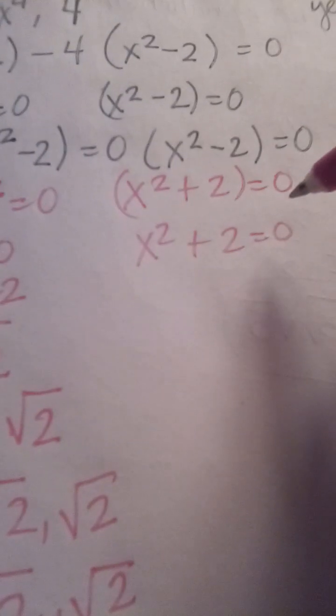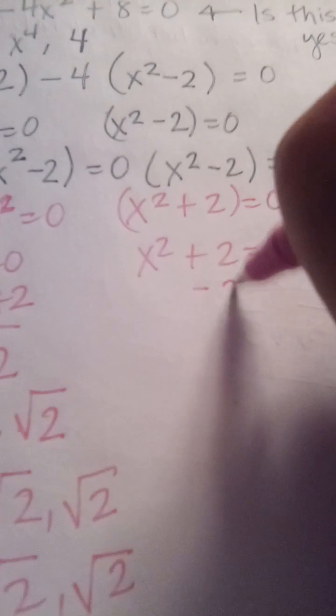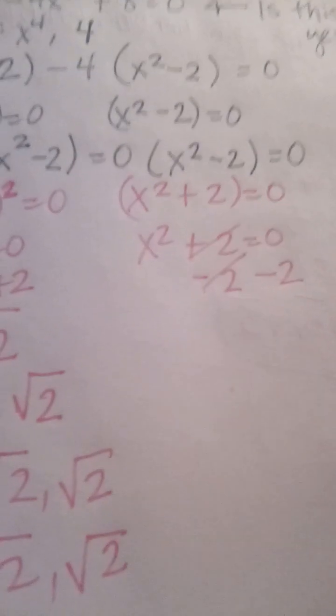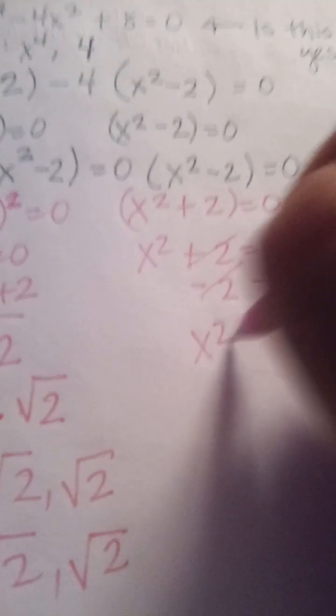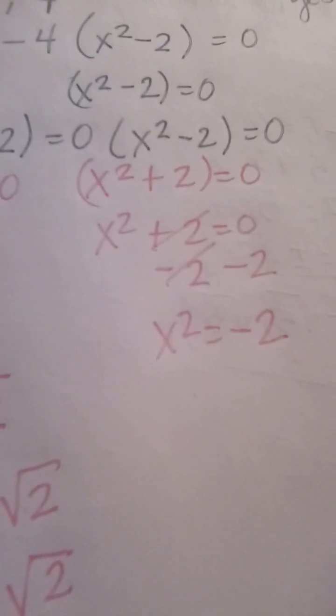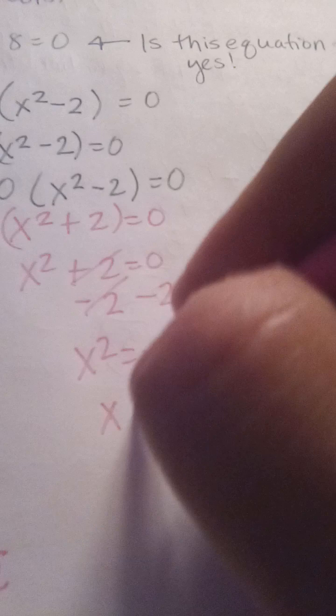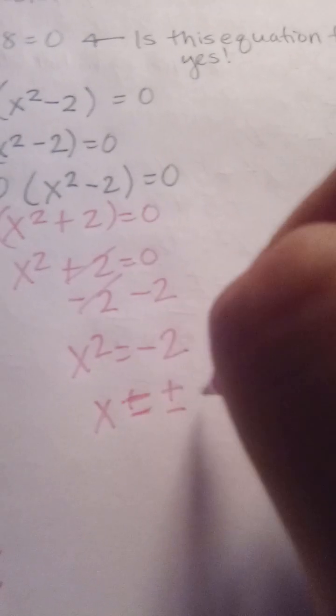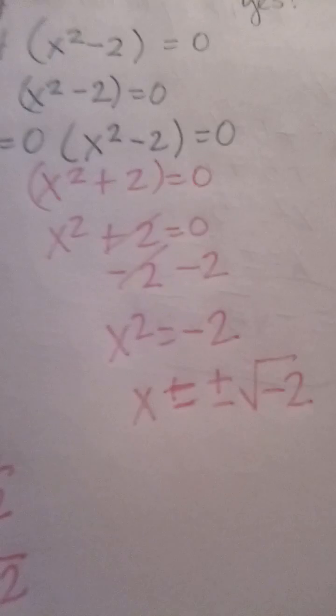All right. Let's go here. x squared plus 2. Then we subtract 2 from both sides of the equation. Actually, let me do these out. It looks better. x squared equals negative 2. But this is a different one. x equals plus or minus the square root of negative 2. Remember our imaginary number? The square root of negative 1 equals i. Watch.